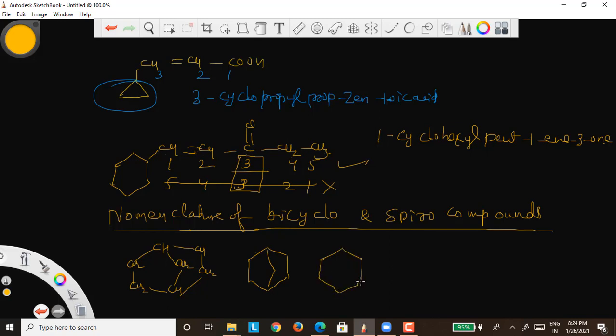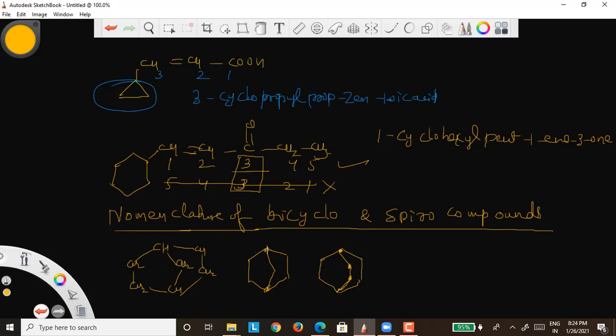In between these two, you have two carbon, two CH2 groups. So if two fused rings are connected with a bridge, this is known as a bicyclo compound. Okay. In this bicyclo compound, the carbon atoms which connect both the rings are called bridgehead.